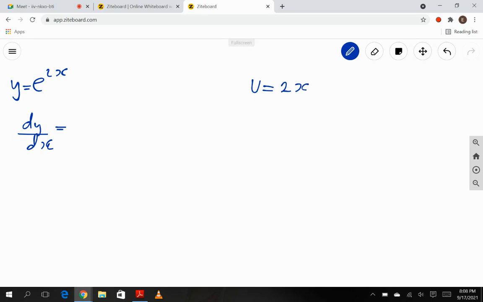Then our formula is going to be e raised to the same u, multiplied by the derivative of u. Then if you want, you can put ln e, but of course you know that ln e is basically going to be 1, because remember, ln in its own right is log base e.